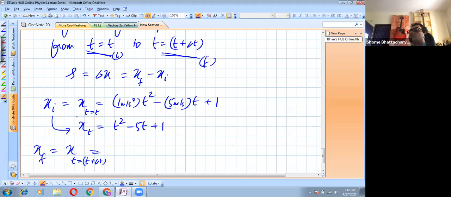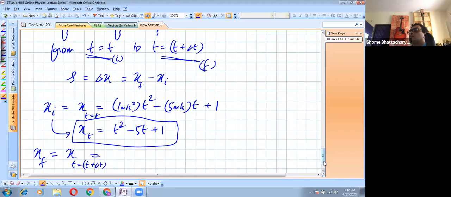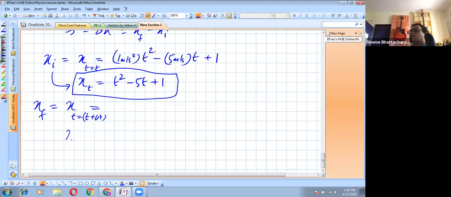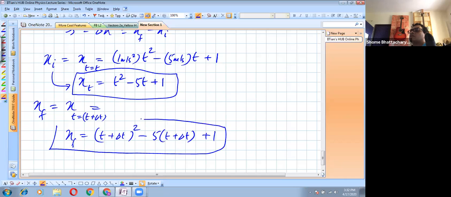Just substitute over here, instead of t in this equation, t plus delta t. Okay, so my x final will become, t plus delta t whole square minus 5 into t plus delta t, plus 1. So this is my final x coordinate, and this was my initial x coordinate.